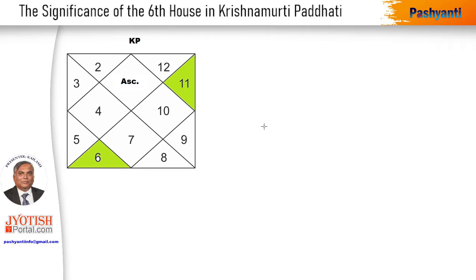Now in Krishnamurti Paddhati, what Shri KSK has done is that he has divided the zodiac, all 12 houses, into two groups. Six of these 12 houses are going to favor you, and the other remaining 6 houses are going to favor your opponent or your enemy or the person with whom you are going to transact.